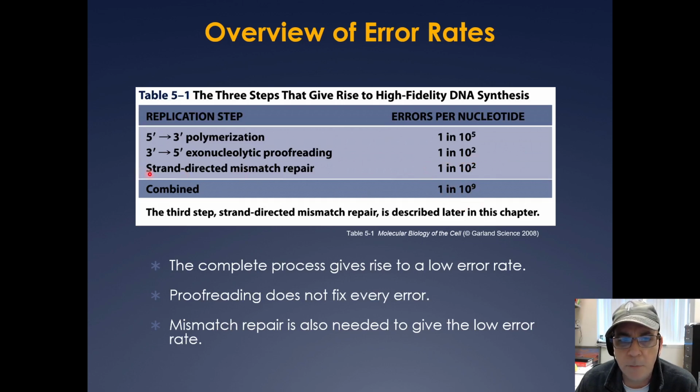In the second part of today's lecture, I'll talk about the strand-directed mismatch repair, which really brings the replication process itself to 10 to the ninth, even though the enzyme only has an accuracy of 1 times 10 to the seventh. So we'll look at this later on. There's just a bunch of different methods by which the cell does a really faithful job of replicating DNA.